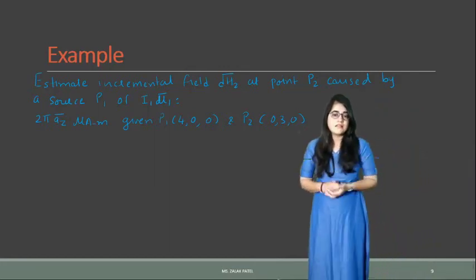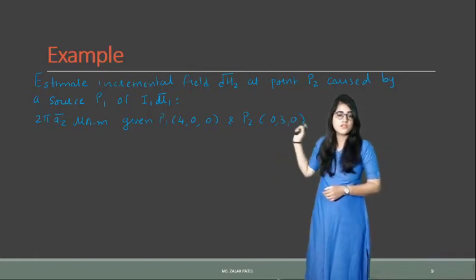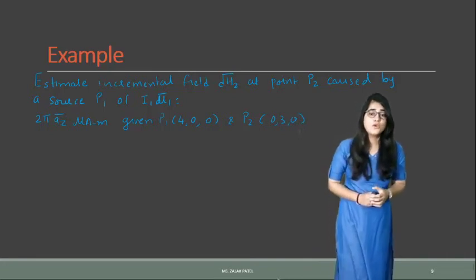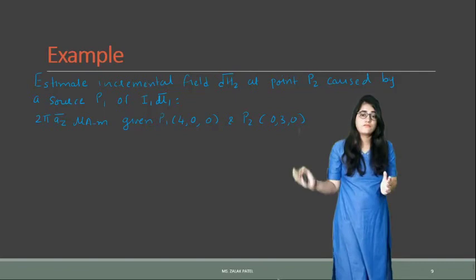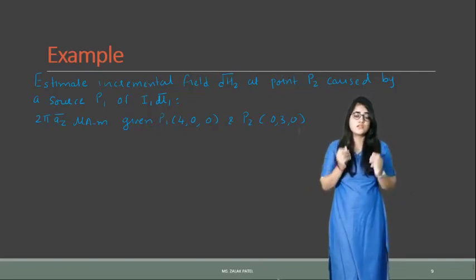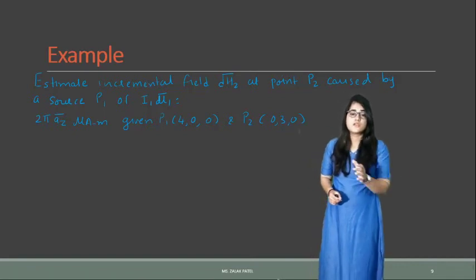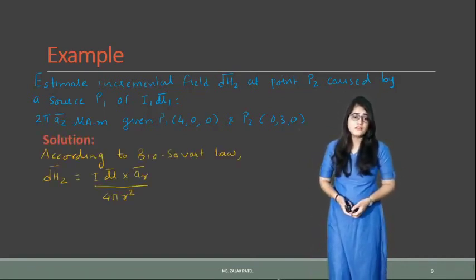So P2 is our desired point and the filament is located at the point (4,0,0). Basically, for calculating R, you have to do (0,3,0) minus (4,0,0). Why? Because (0,3,0) is our desired point where we require the field intensity, and (4,0,0) is the point where our filament is located. So in this case, obviously Biot-Savart law can be used.